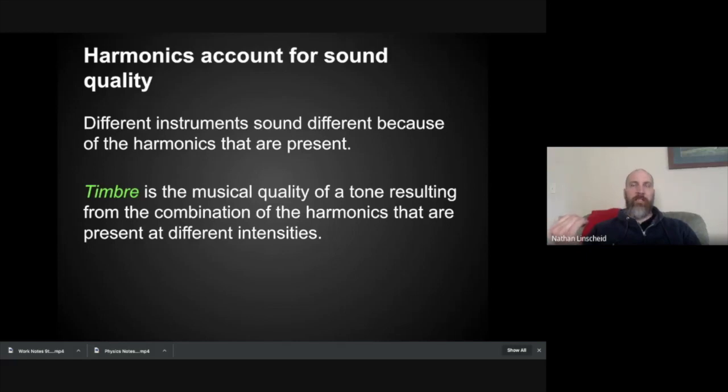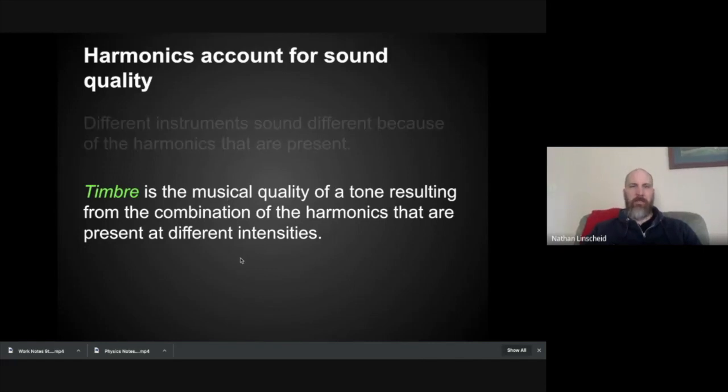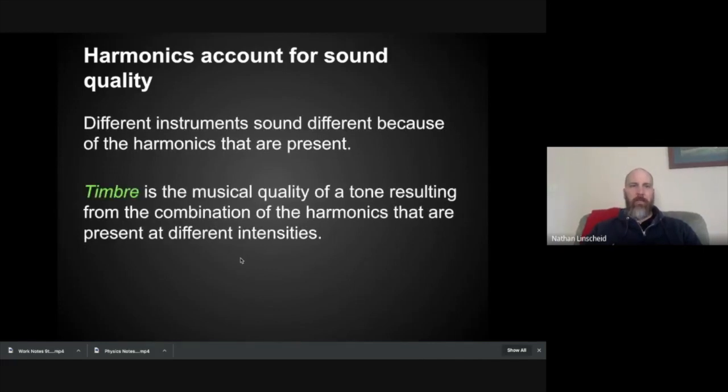And while you hear the same pitch, they all sound very different because it's not just that one pure tone that is being made. Without timbre, without these other harmonics, everything would sound like tuning forks talking to each other, and it'd just be very dry and sterile and odd.